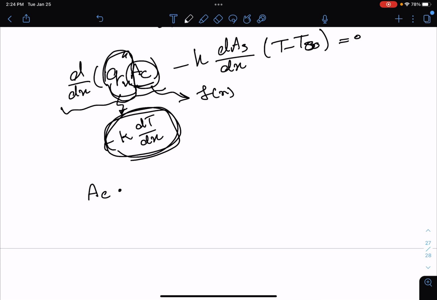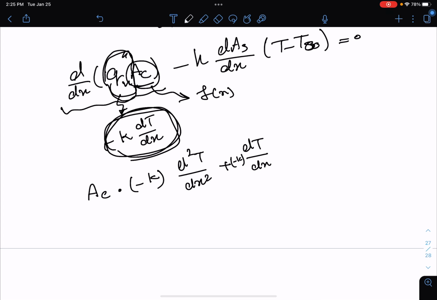It is going to be Ac times negative k d squared T/dx squared plus dT/dx, and again negative k is multiplied here, multiplied by dAc/dx, minus h dAs/dx (T minus T infinity) equals 0.